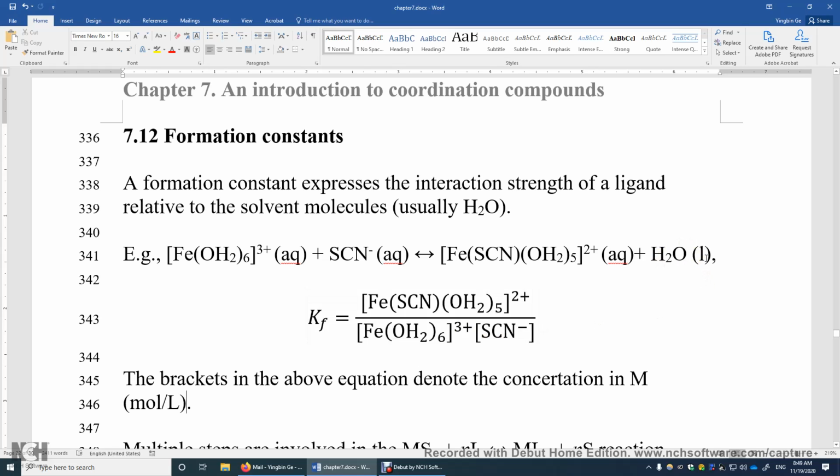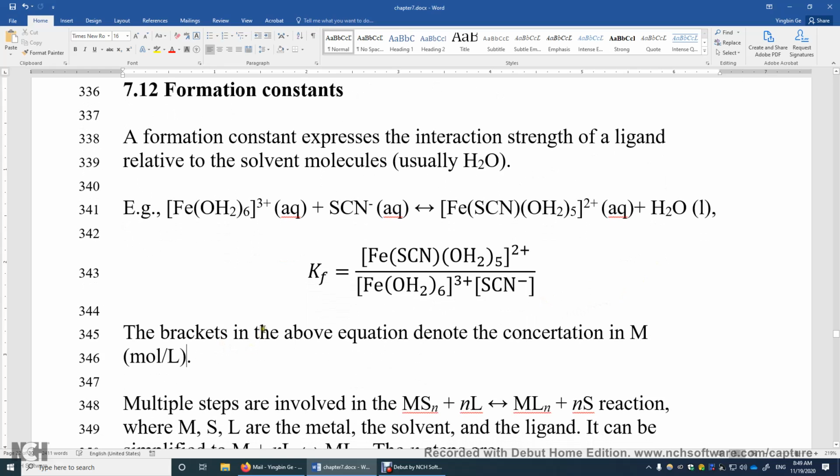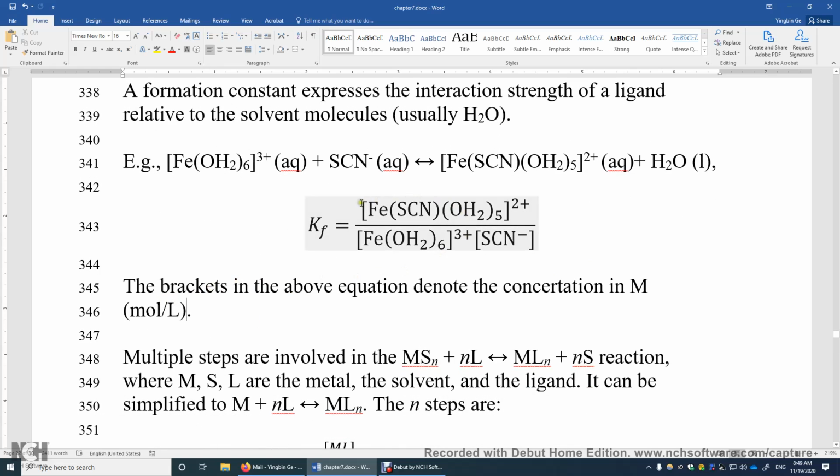So we would say the concentration of this water solvent is very close to that of pure water. So it's just 1 here. The brackets in this equation denote the concentration now in molar, or mole per liter of solution.